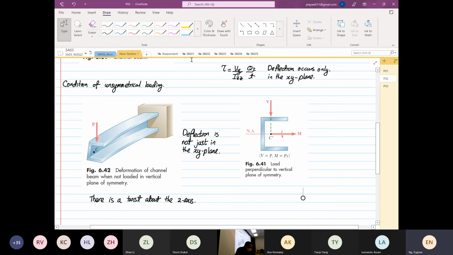Okay, so again, the figure on the right is our cross-sectional view. So likewise, the shear force is still applied on the centroid. Okay, you still have a what? Centroid. Right? So what will happen is there's a twist in this direction.